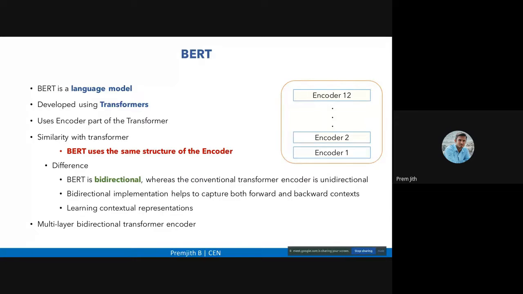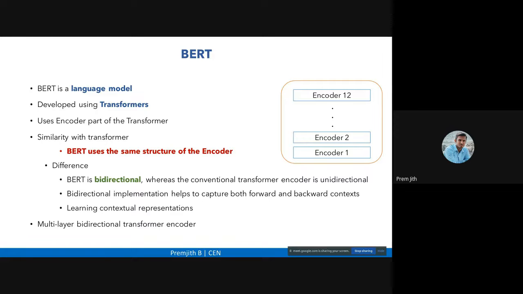BERT uses the encoder part. The encoder reads a sequence of words, converts every word into some representation, and finally you get one vector which can represent the entire input sentence. We assume that this vector, called the contextual vector, can capture both the meaning, or semantics, and the syntax of the input data.